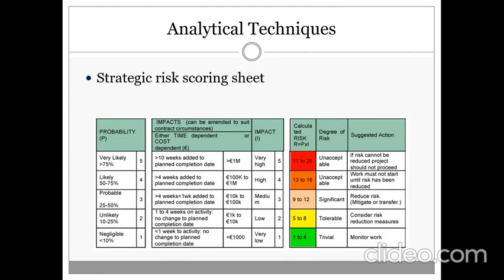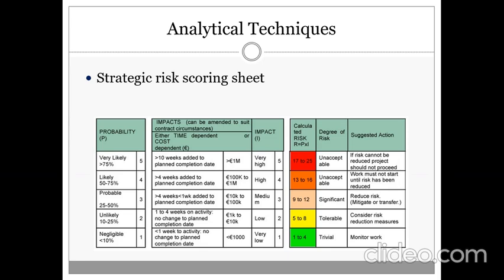And now we have this score sheet related to the degree of risk and suggested action, and the calculated risk or the score of the risk or the severity of the risk that we have. We can see in the red that it's between 17 to 25. This is the highest level, and this is by multiplication of the very likely times the very high impact.